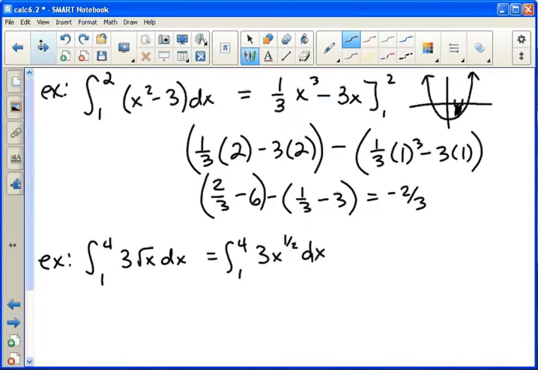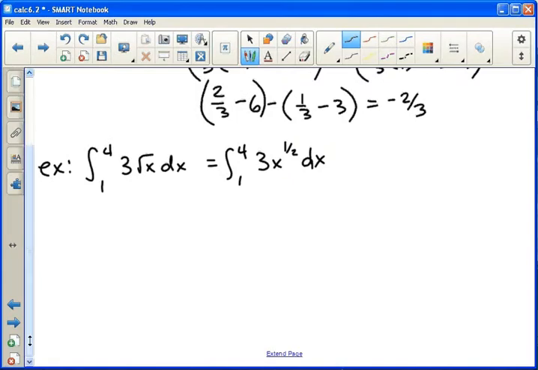Then we take the antiderivative, we add 1 to the exponent and divide by that number. So let's see, add 1 to the exponent makes it 3/2. Dividing by 3/2 is the same as multiplying by 2/3, so we just end up with a 2 out front. 2/3 times 3 is just 2. And we're going from 1 to 4. So plug in 4 minus plug in 1.